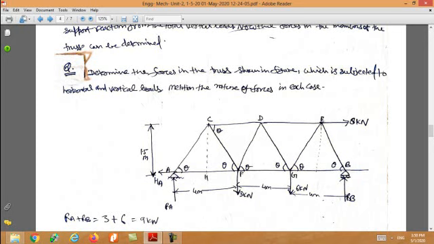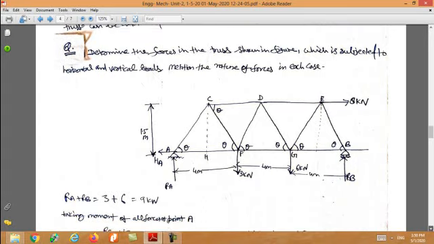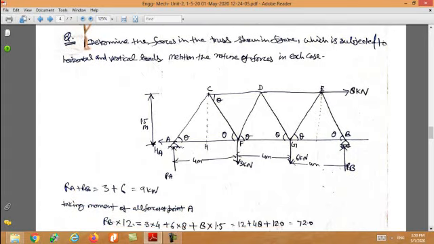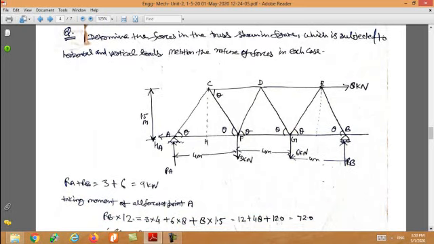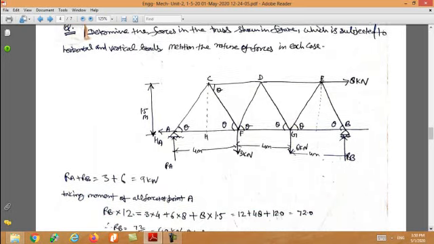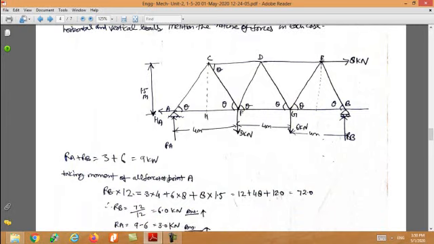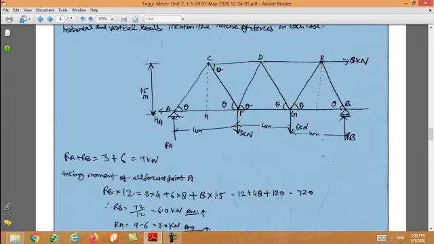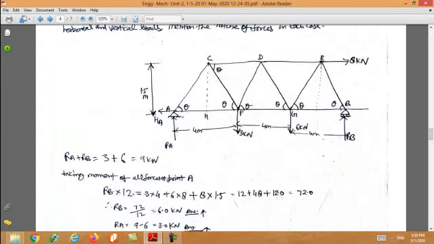Okay, so determine the forces in the truss which is subjected to horizontal and vertical loads. Here vertical loads are acting and also horizontal loads are acting. It means for this type of truss there will be vertical reaction and horizontal reaction. Vertical reaction for vertical load and horizontal reaction for horizontal load. So the equations for equilibrium will be summation of all forces in the horizontal direction and summation of all forces in the vertical direction.